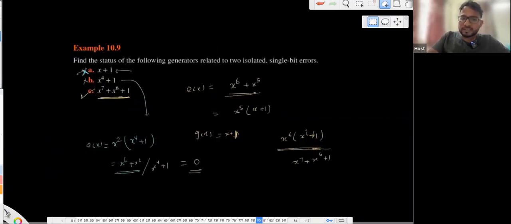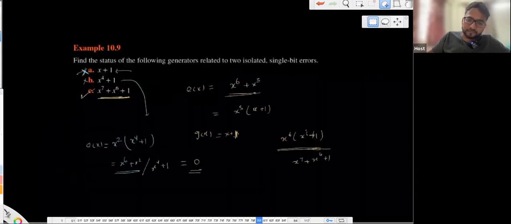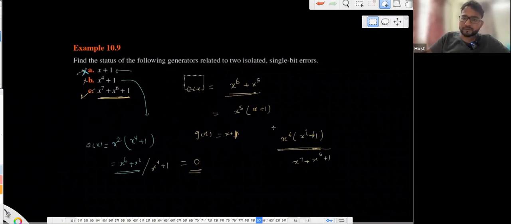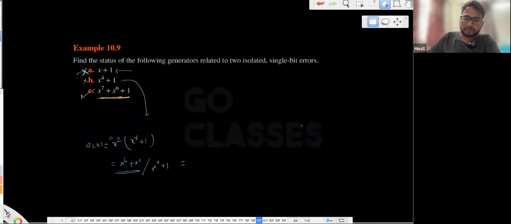So in this example, they are saying find the status of the following generator related to two isolated single bit errors. Okay, x plus 1. Can x plus 1 detect two isolated single bit errors? See, isolated single bit errors means the form x power i plus x power j, right?